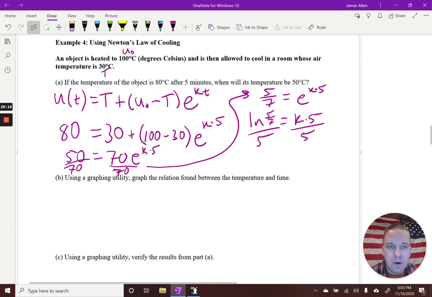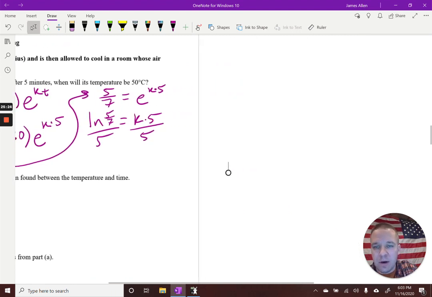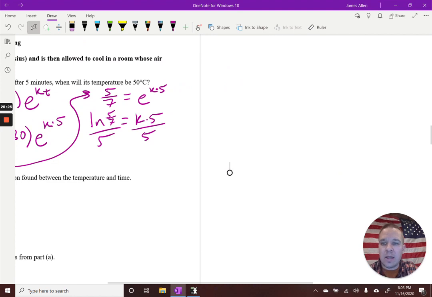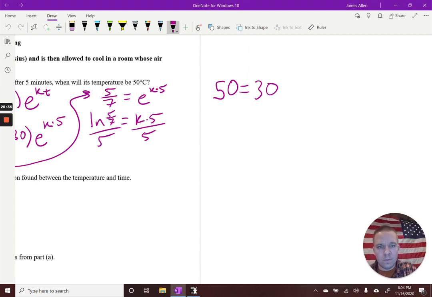Back to this. So it wants to know when will its temperature be 50 degrees. I think I'm going to need a little more room, so I'm going to zip over here. When is it going to be 50 degrees? So it'll be 50 is equal to 30 plus, was it 70?